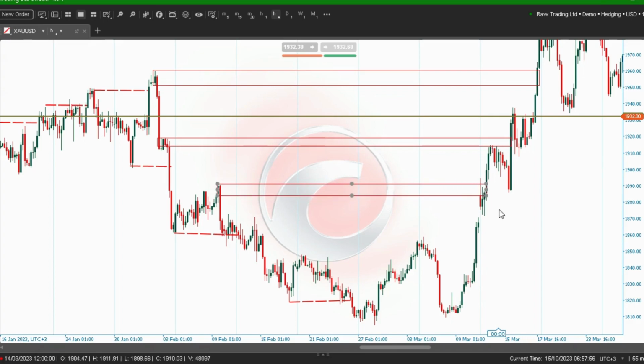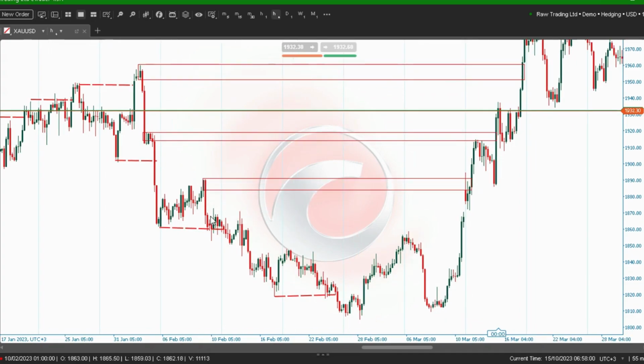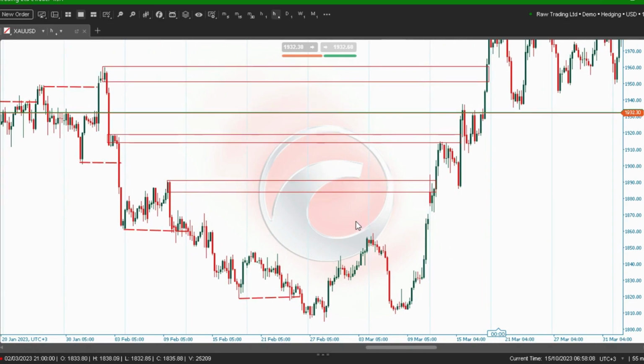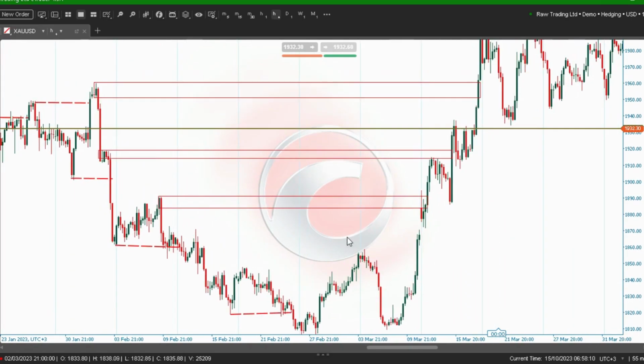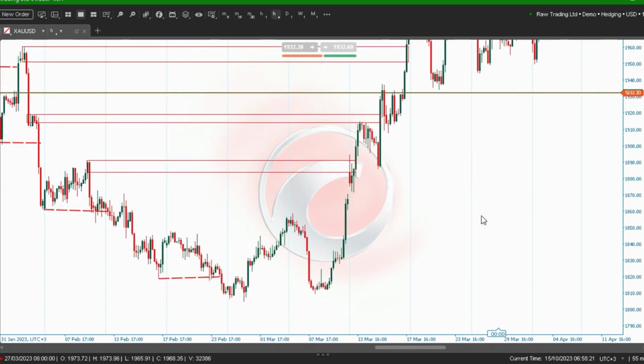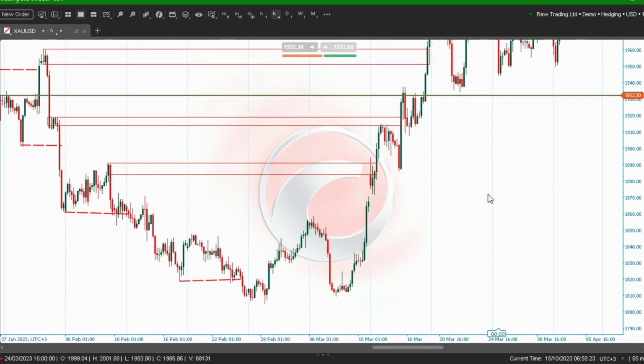I would also call it a supply zone, because for a supply zone there must be an imbalance and there must be a break of structure. So that is a valid supply zone, or in other terms, an order block. There are different terms used in trading, so some of the terms might sound new, some might sound familiar.